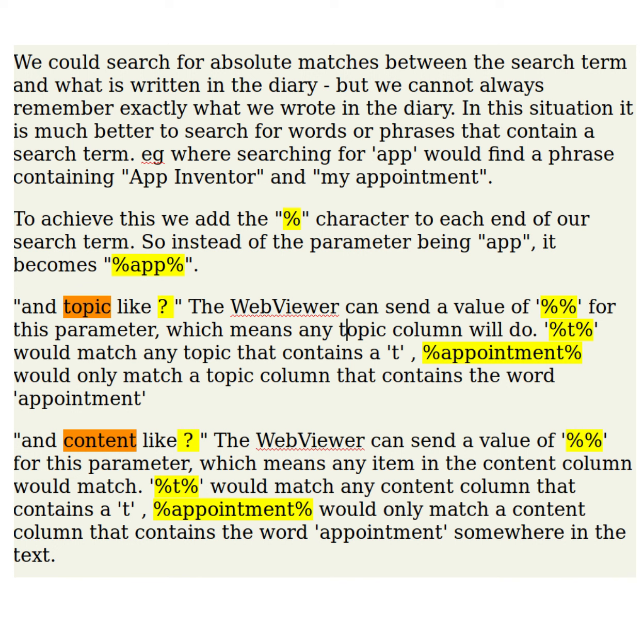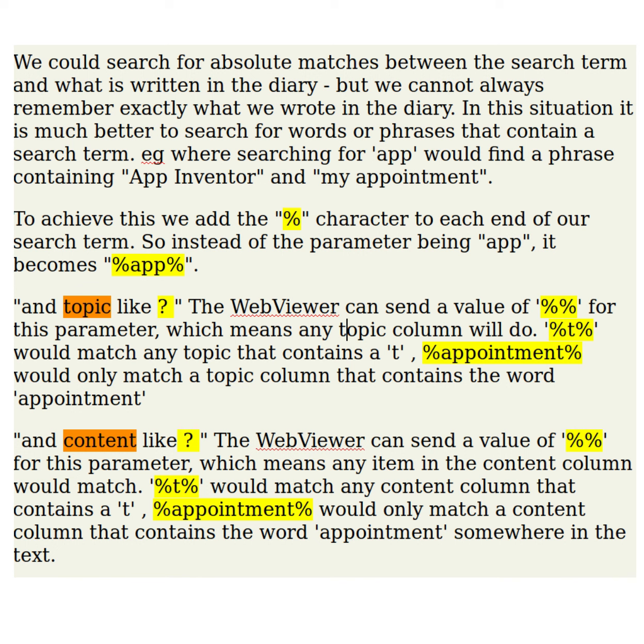For the parameter for the topic like question mark, the web viewer can send a value of just a pair of % characters, which means that it will match any item in the topic column. %t% would match any topic that contains a T. %appointment% would only match a topic column that contains the word appointment.